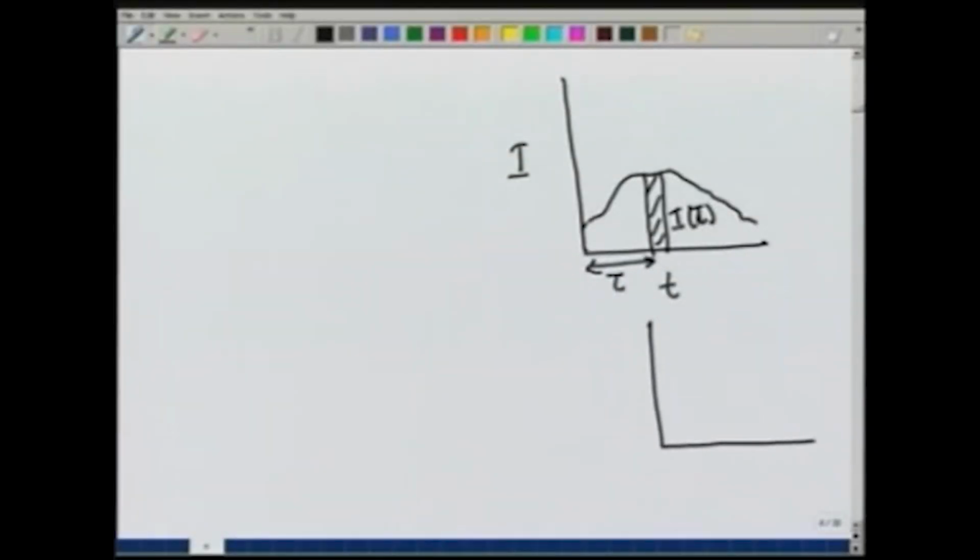Now, if we draw the IUH starting from this point tau, and want to find out the DRH at any particular time t, so our aim is to find out the DRH ordinate at the point t, which we will call q t.